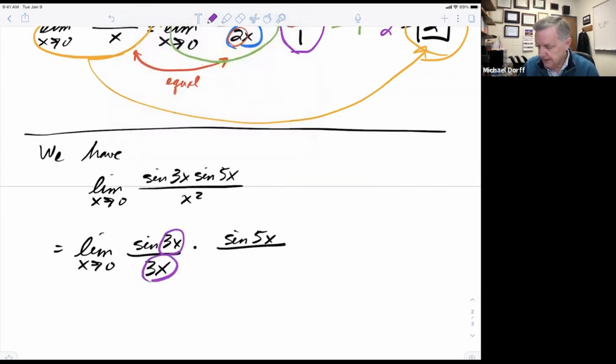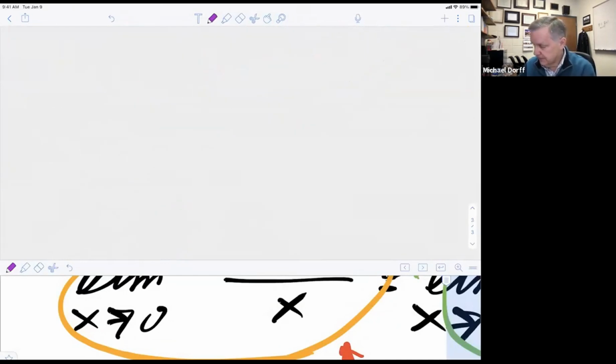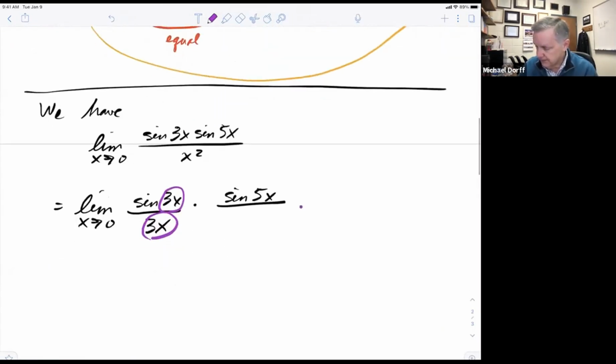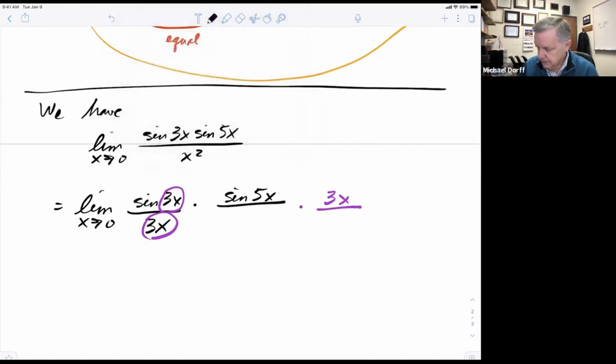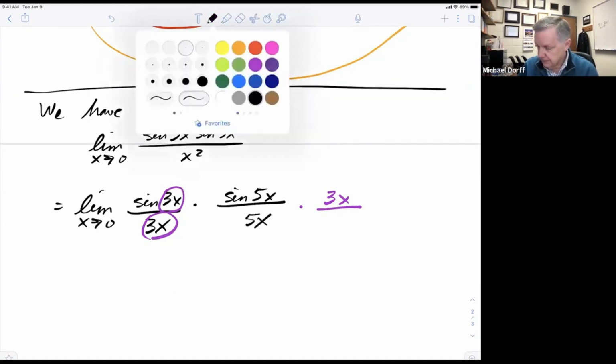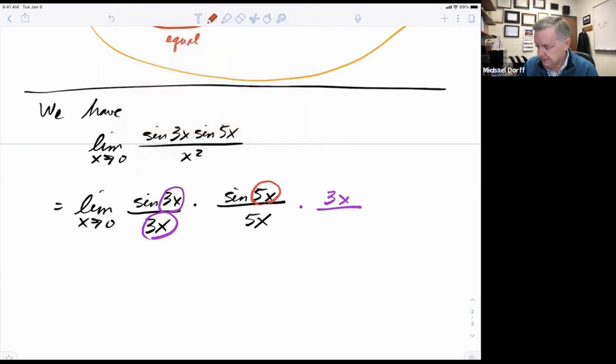Now, if I do that, I can't just put down a 3x there. So I'm going to put a 3x on the top so that those balance each other out. All right, and what do I want in the bottom here? I want 5x so that these balance each other out.